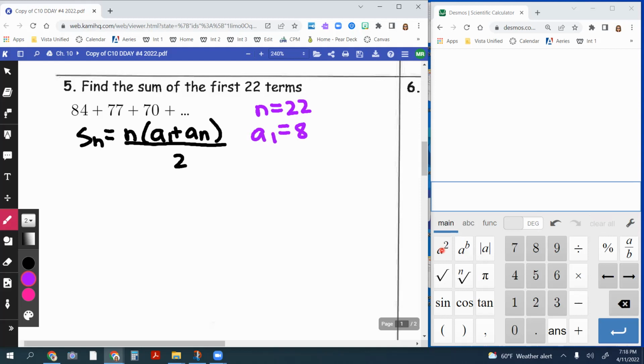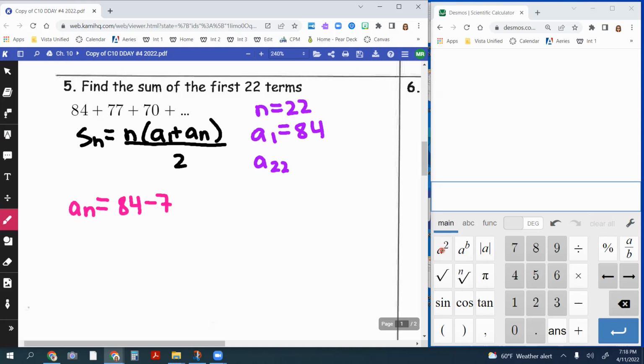A1 I see as 84. Now my a sub 22 I need to work out. So I'm going to do a sub n is equal to 84 minus 7 times n minus 1. So I'm going to be plugging 22 into this.